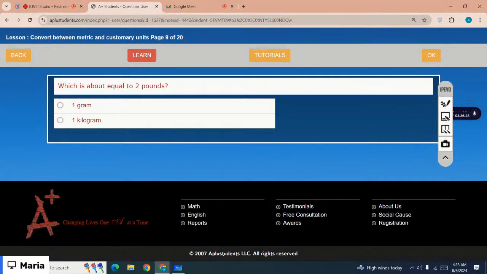What is about 2 pounds, 1 gram or 2 kilograms? Which is the correct option? 2 pounds is 1 kilogram, right?